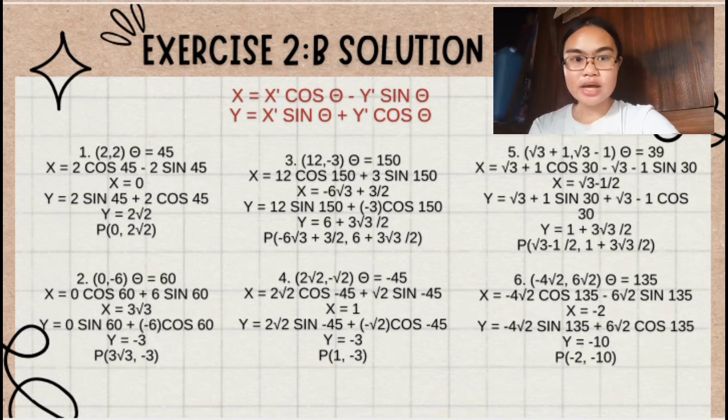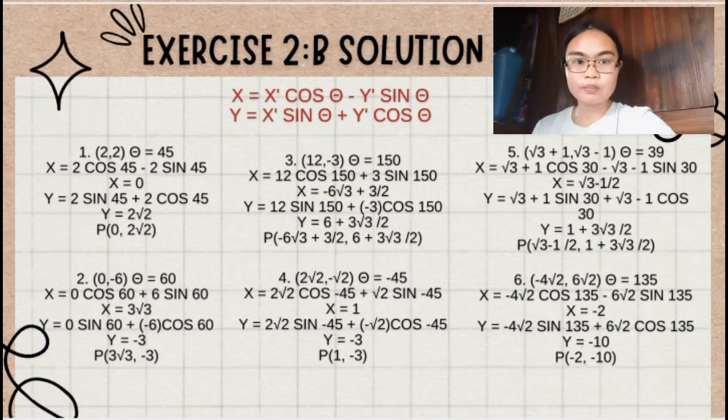And y is equal to square root of 3 plus 1 sine 30 plus square root of 3 minus 1 cos 30. So the answer for y is equal to 1 plus 3 square root of 3 over 2.